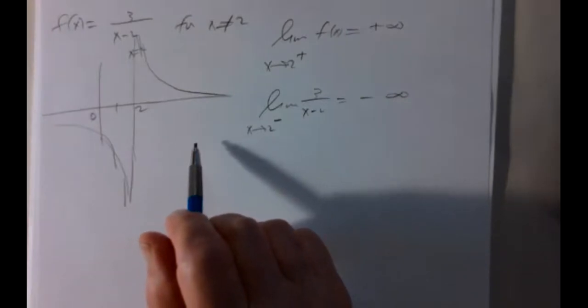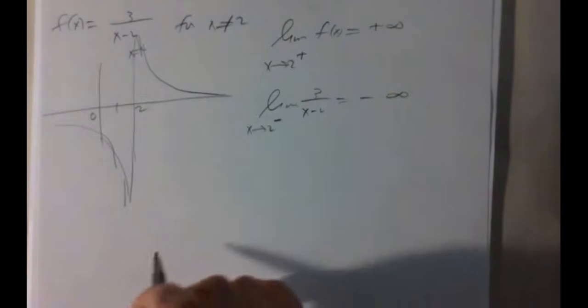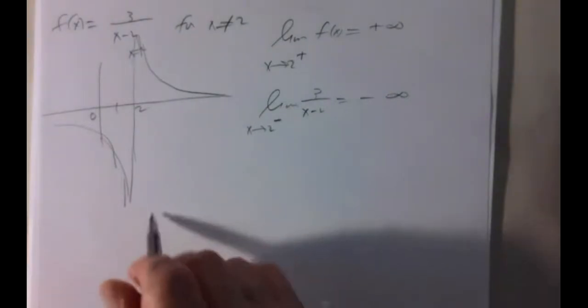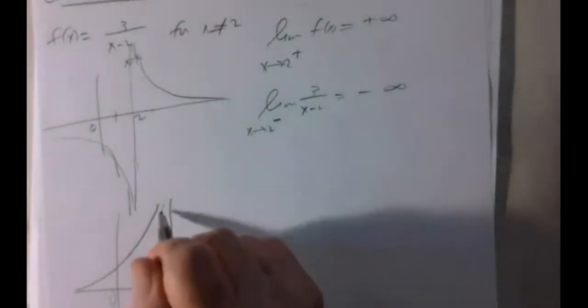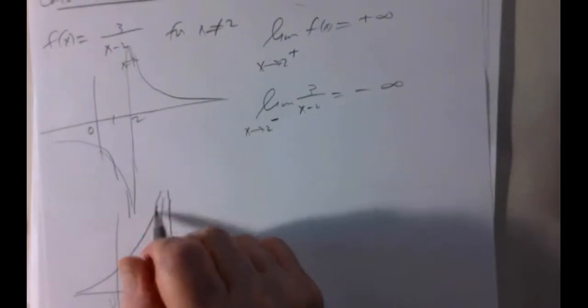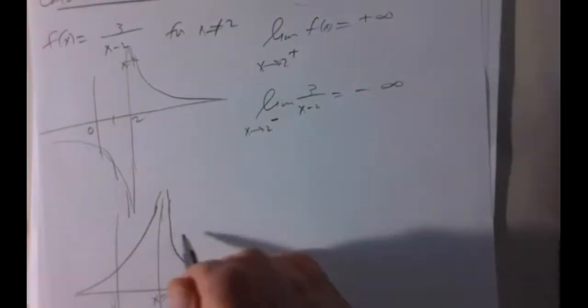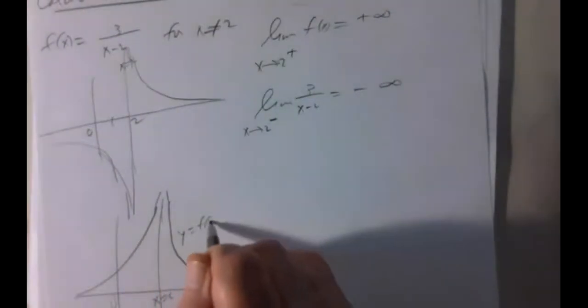Another very nice example is the case where the graph of your function looks like this. This is x equals c, and this is the graph of some different function y equals f of x.